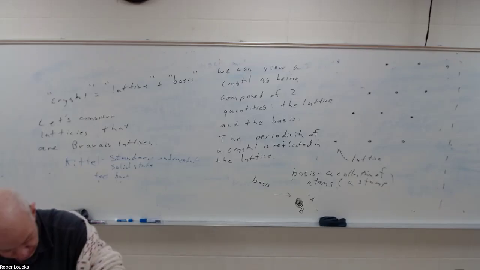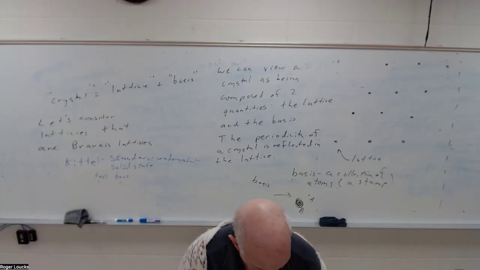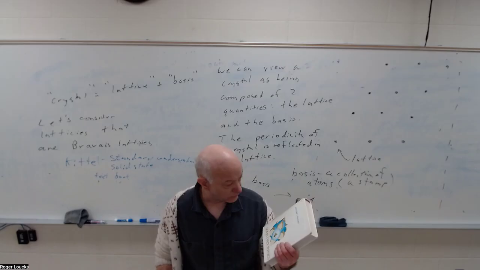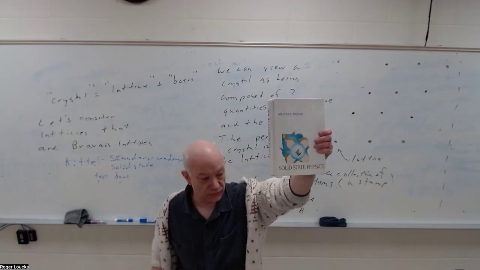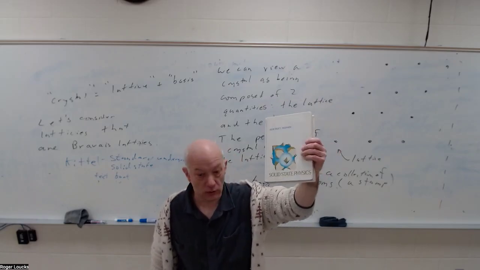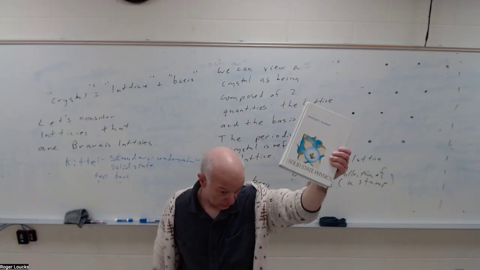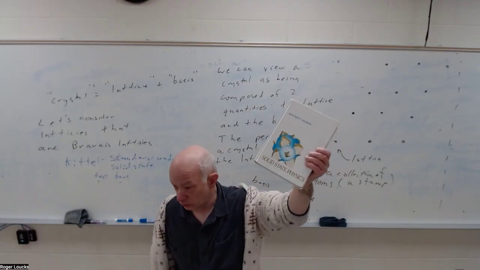The other one I gave you is from, obviously, I just put my book on here. Oh, here it is. It's from a graduate text in solid state physics, Ashcroft and Mermin. This is the text I used as a graduate student. This is actually excellent. The problem is it is a graduate text.